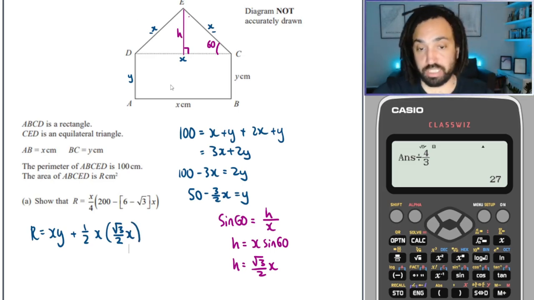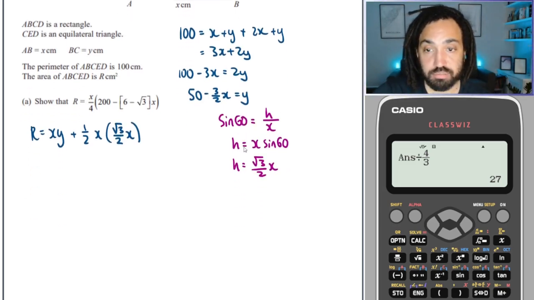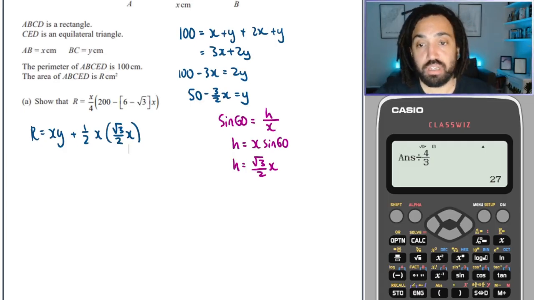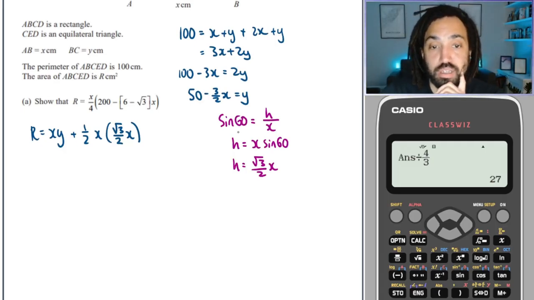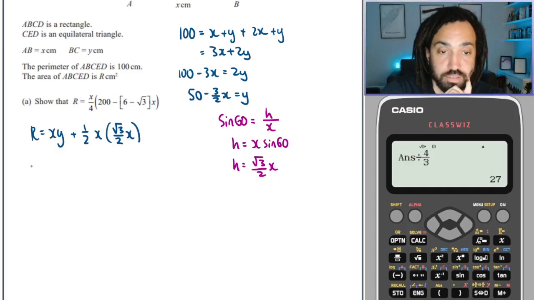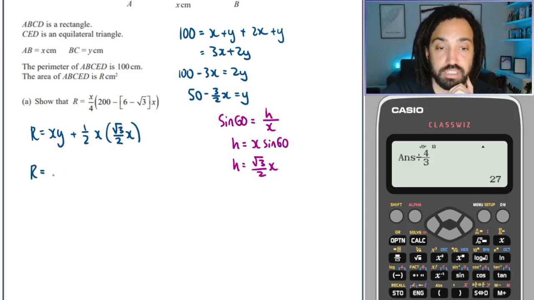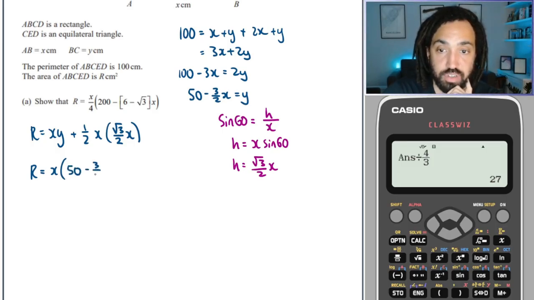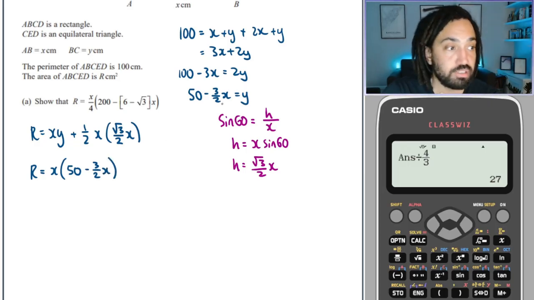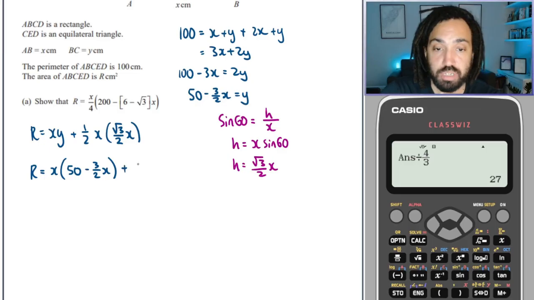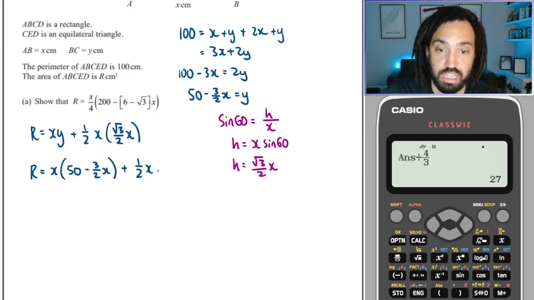Okay, lovely. Right. Let's get some more space. Okay. So we say r is equal to x. We have an expression for y. It's 50 minus 3 over 2x. That came from our perimeter expression. Plus a half x.